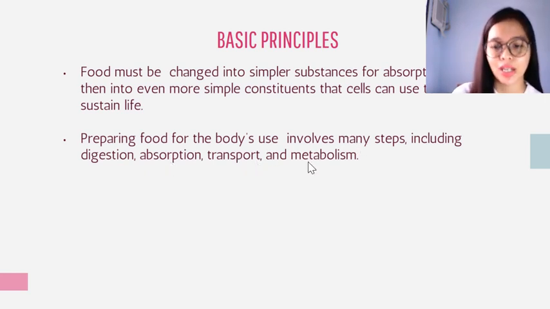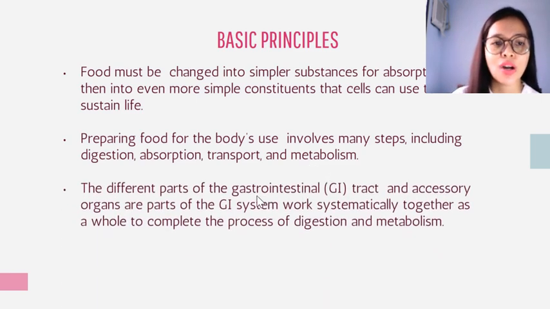Okay, and the organ or the system used for this process is your GI system. Okay, so the different parts of the GI tract and accessory organs work systematically together as a whole to complete the process of digestion and metabolism. Okay, and food components will travel through this system until ultimately they are absorbed and delivered to the cells or excreted as waste.